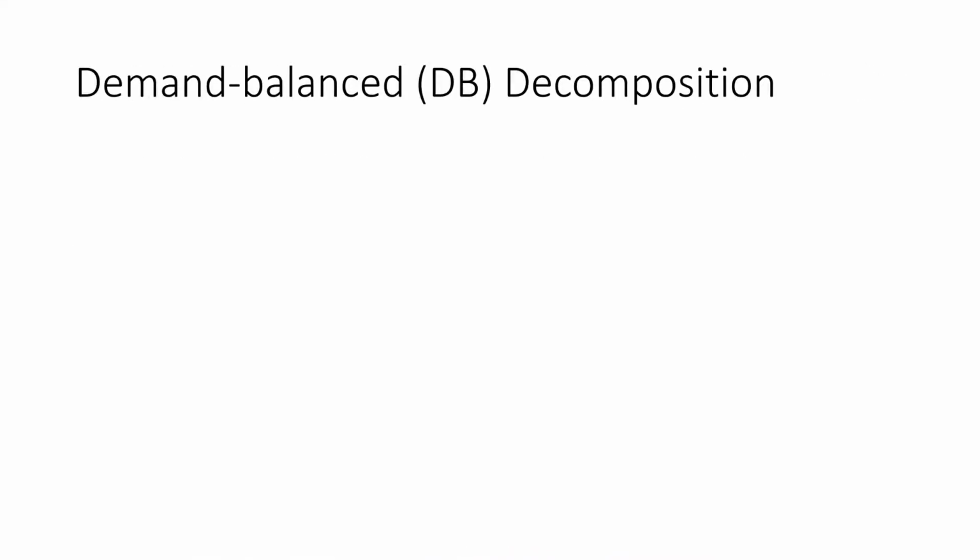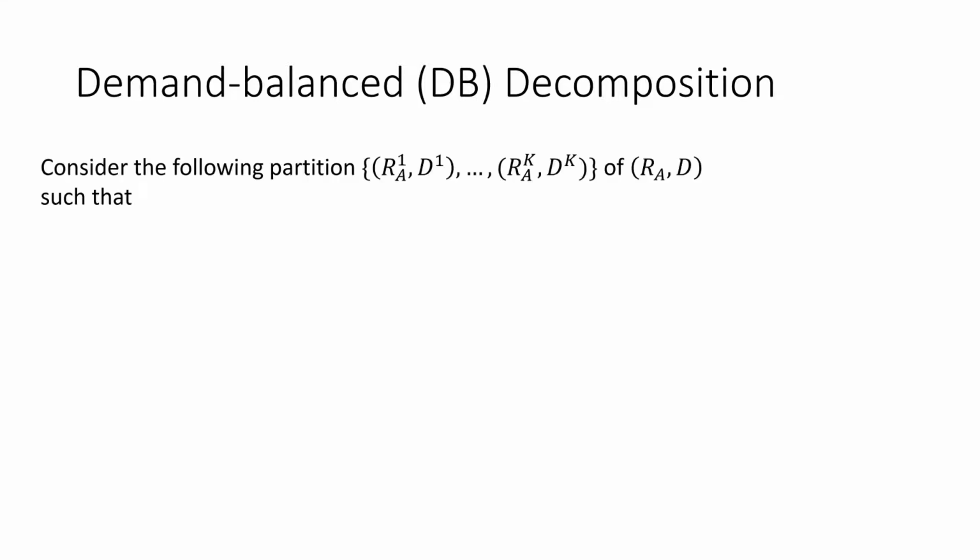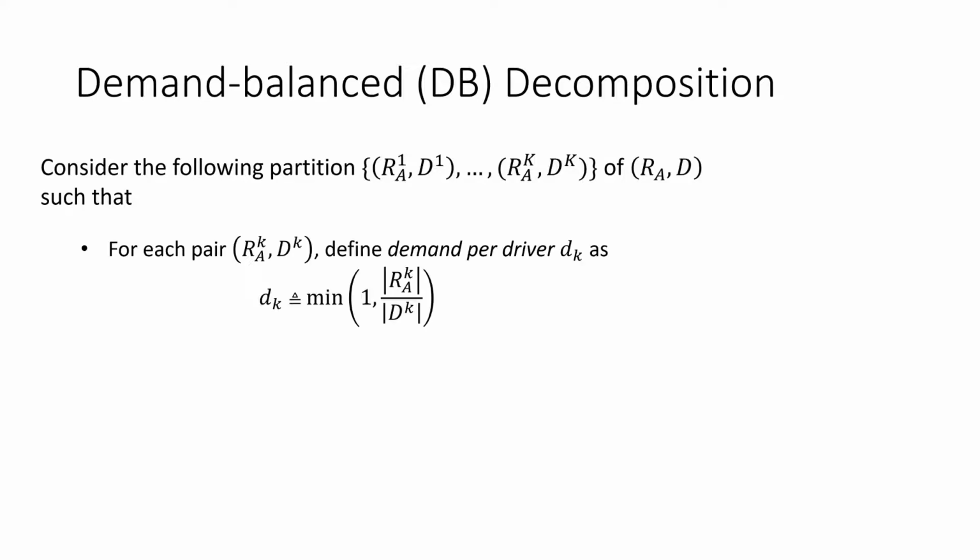To do this, we will introduce the following structure on the graph, which we call the demand balance decomposition, or DB decomposition. Specifically, we will partition the vertices in the first stage, the riders R and drivers D, into several pairs, which satisfy the following properties.